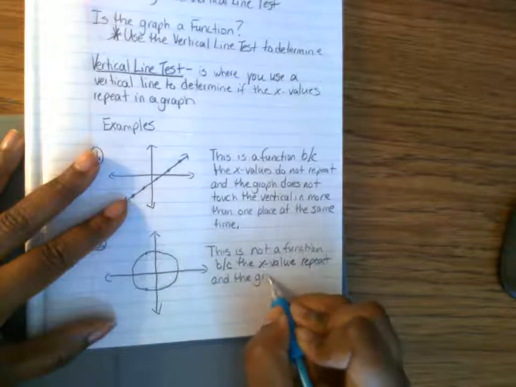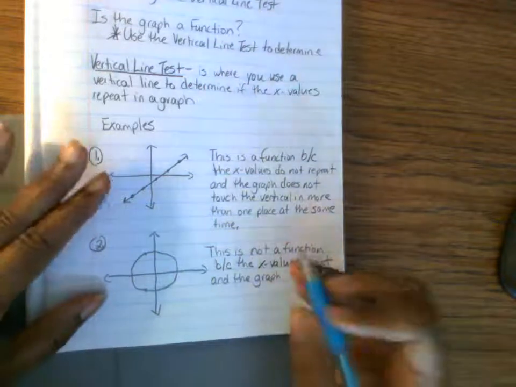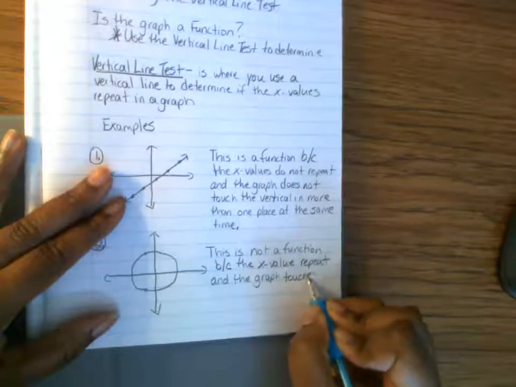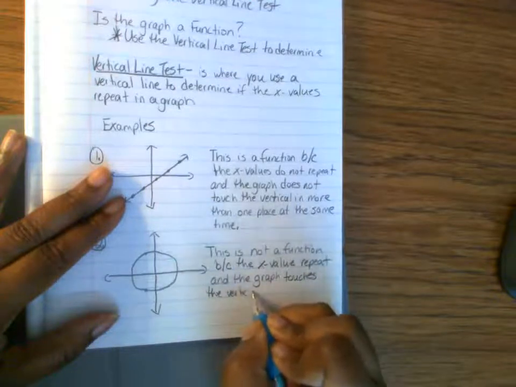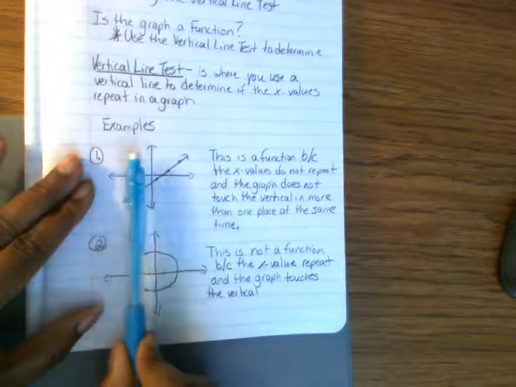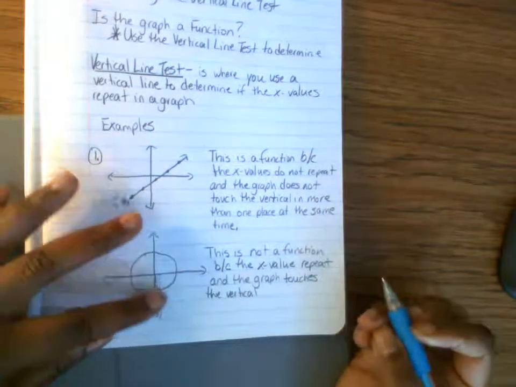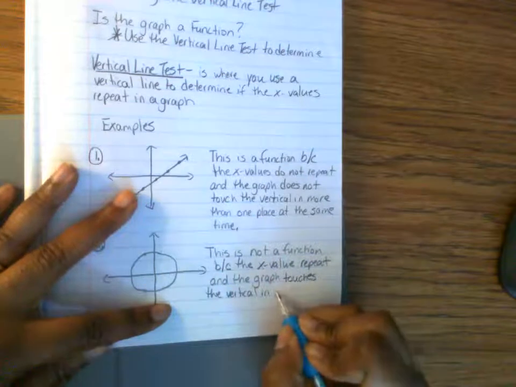And you can say the line, because graph or line, same thing. The graph or the line touches the vertical line, and this is the vertical line I use for my vertical line test, touches the vertical line in more than one place.